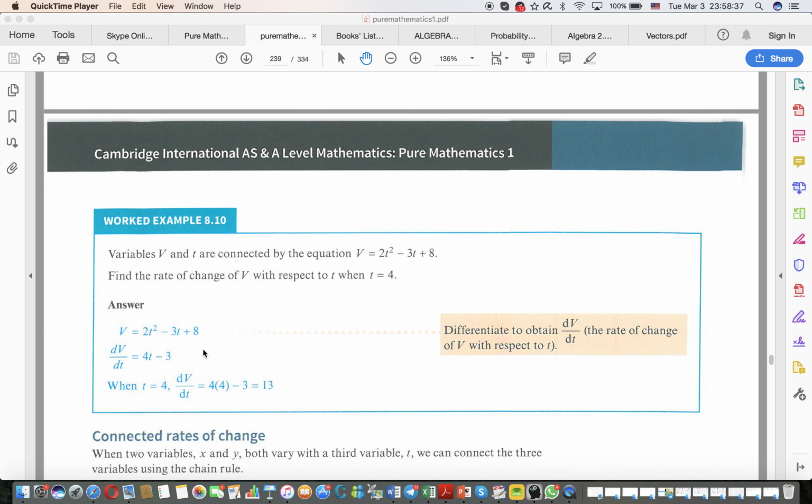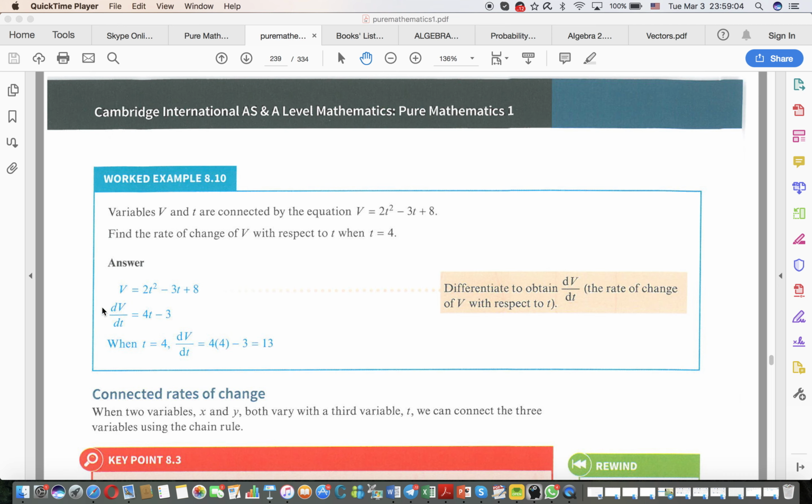Now, let's see the other example concerning rate of change. It says variables v and t are connected by the equation v is equal to 2t squared minus 3t plus 8. Find the rate of change of v with respect to t when t is 4. Again here you are clearly seeing that v is defined in terms of t, so again, differentiate. dv with respect to t will be 4t, you bring the power down.